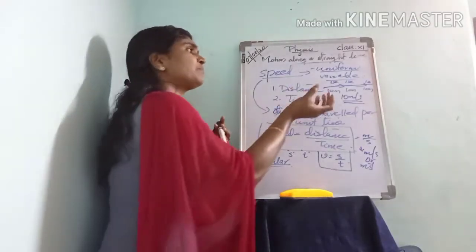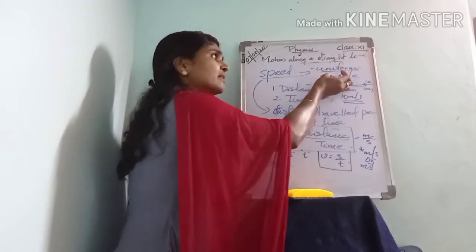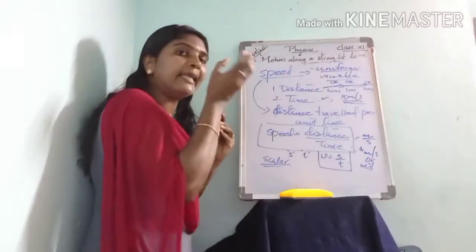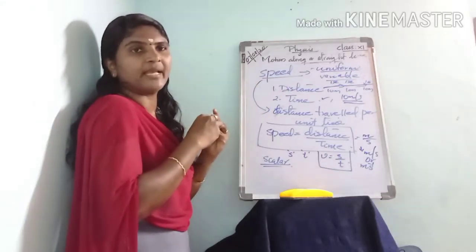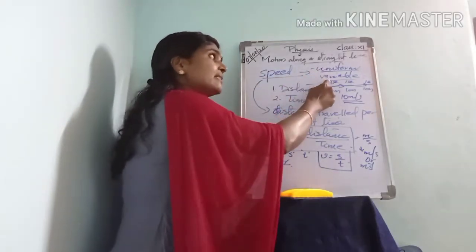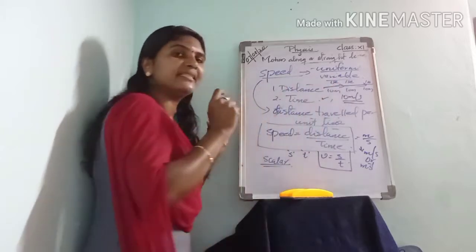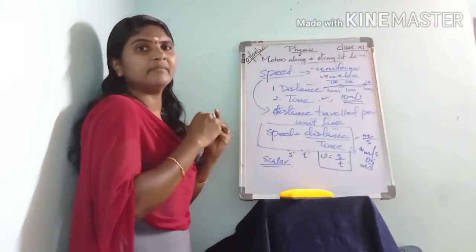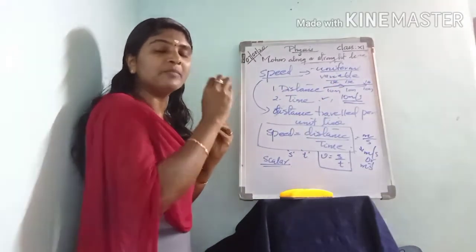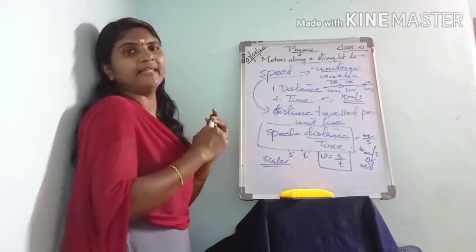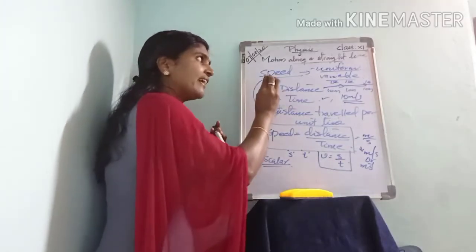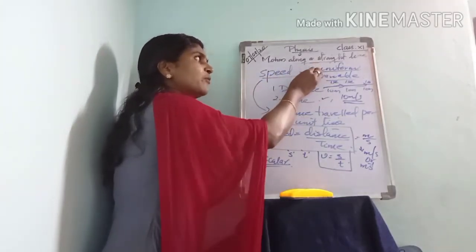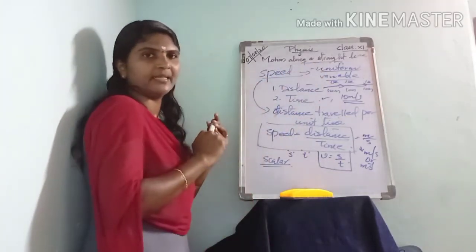When the object covers unequal distances in equal intervals of time, the speed of the object varies. That time we can say the object moves with a variable speed. In short, if the object is in uniform motion, the speed is constant.